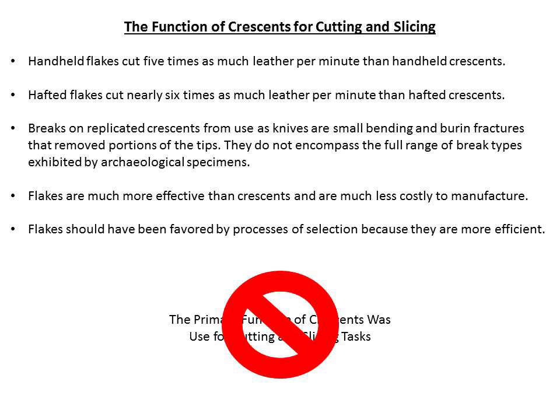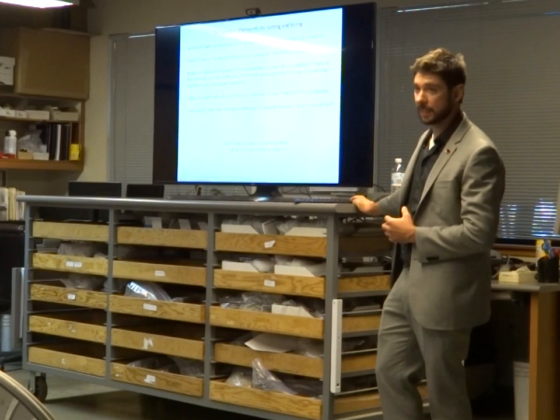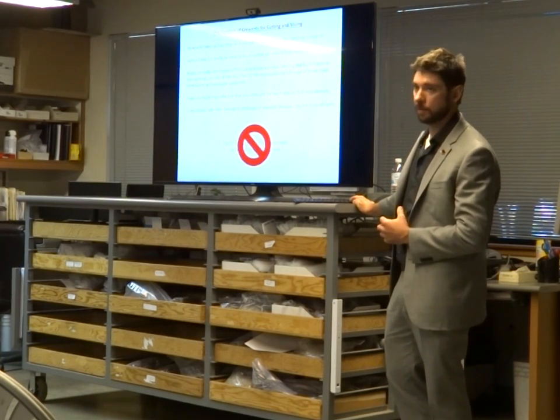The breaks on the replicated crescents are small bending and burin fractures and do not encompass the full range of breaks exhibited by the archaeological specimens. Flakes are more effective and less costly to manufacture, and therefore they are more efficient and should have been favored by processes of selection. So, the idea that the primary function of crescents was cutting and slicing tasks is not supported by my results.